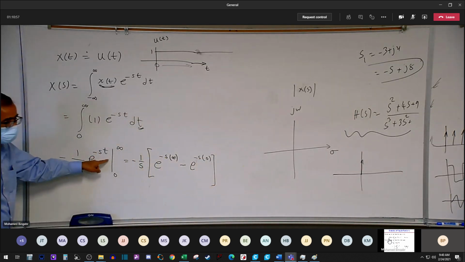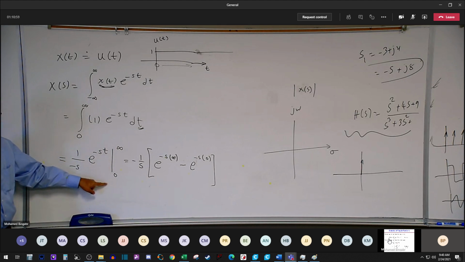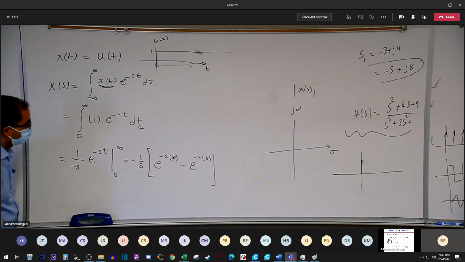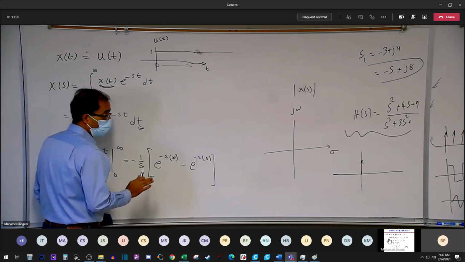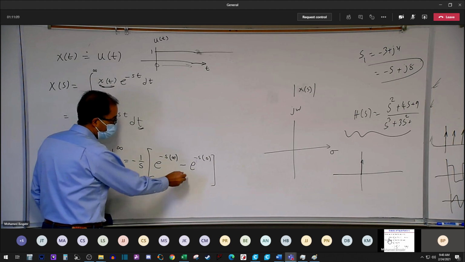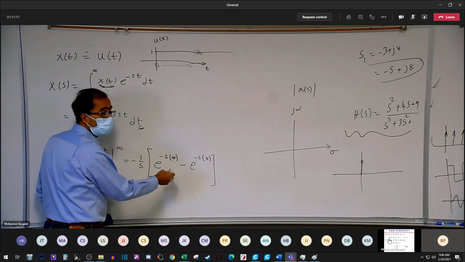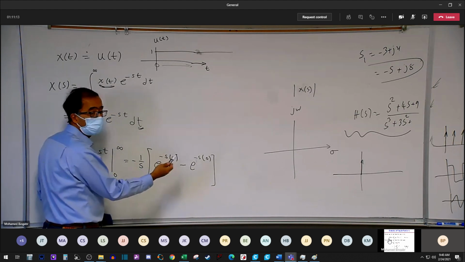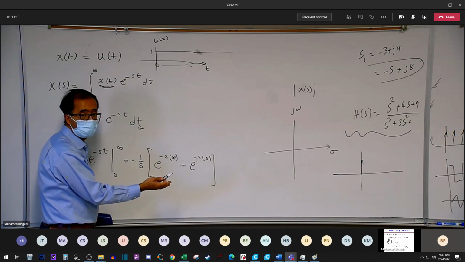So I just plug in t equals infinity and t equals 0. Now you gotta be careful. See, this is easy. Doesn't matter what s is, anything multiplied by 0 is 0. So this is 1.